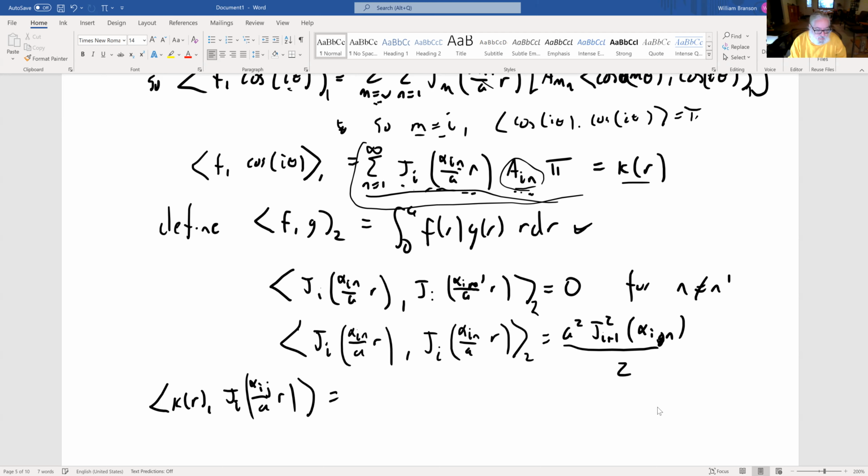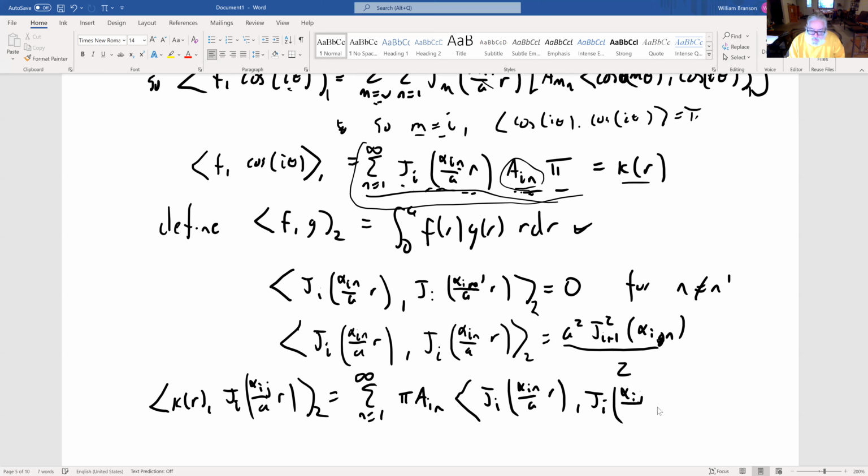And that will be this inner product 2, the sum n equals 1 to infinity of pi times a sub I n, that's these two terms, inner product of j sub I alpha sub I n over a r with j sub I alpha sub I j over a r.